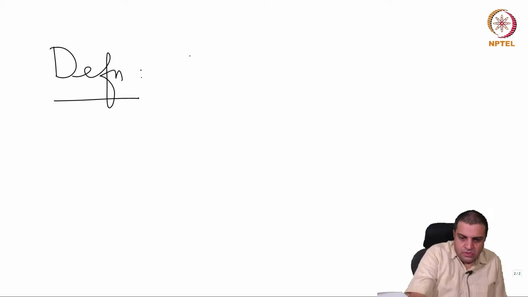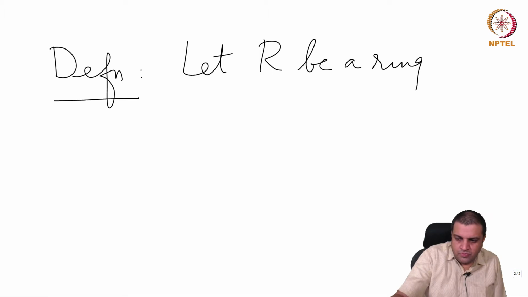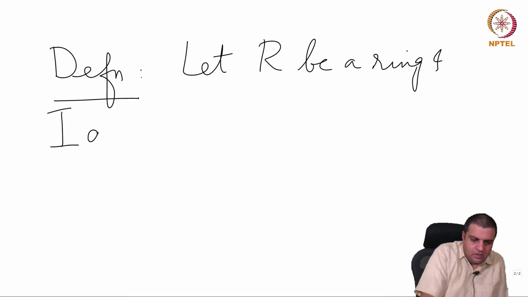Okay, so let R be a ring, and I an ideal.